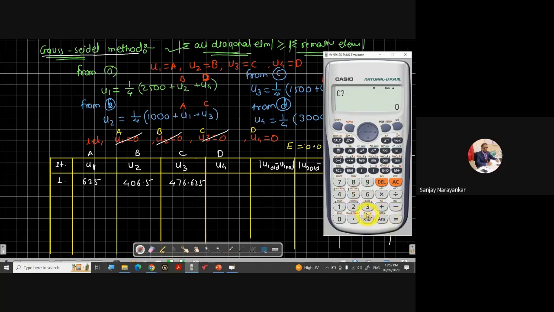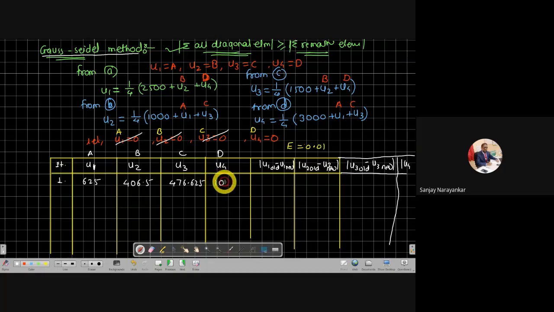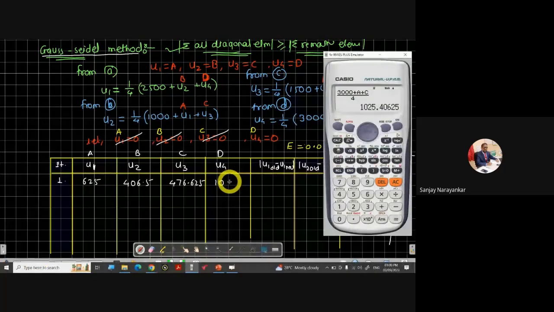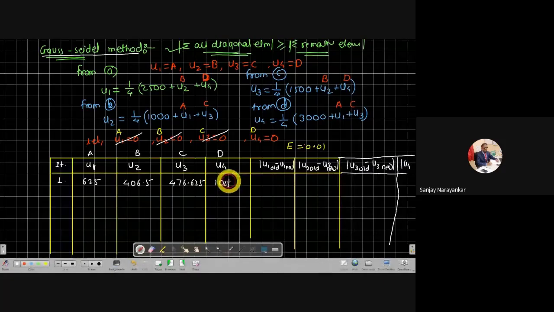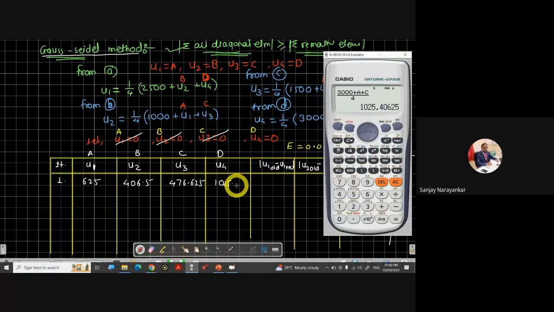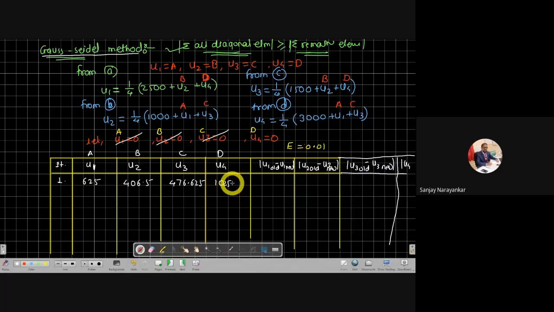And what's the C value? 476.625. ठीक है, देखो निकालो इसको अभी. 1025.4062. ये नई वैल्यू मिल गई, पुरानी को स्ट्राइक करेंगे.